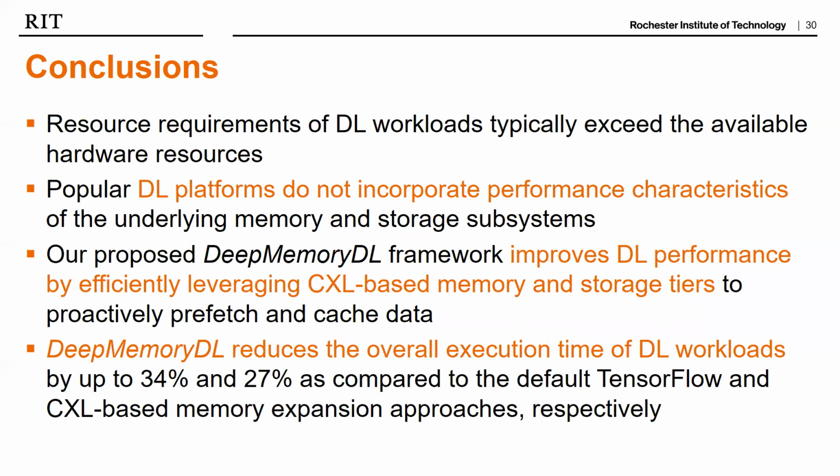We propose a framework called DeepMemoryDL that improves the performance of deep learning workloads by proactively prefetching and caching data into CXL-based devices. Overall, DeepMemoryDL reduces the training time by up to 34% and 27% as compared to the default TensorFlow and CXL-based memory expansion scenarios, respectively.